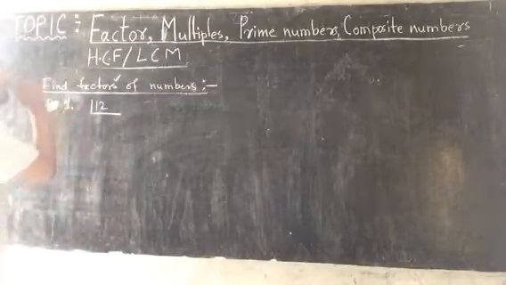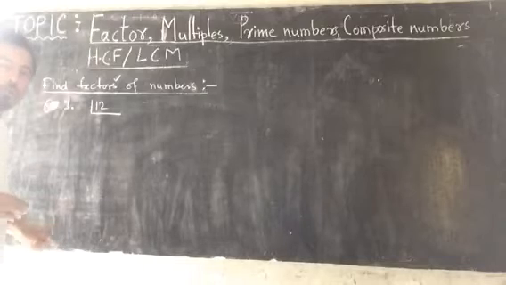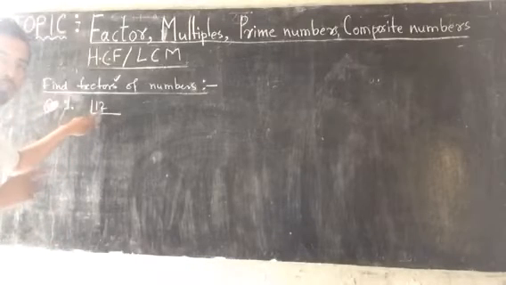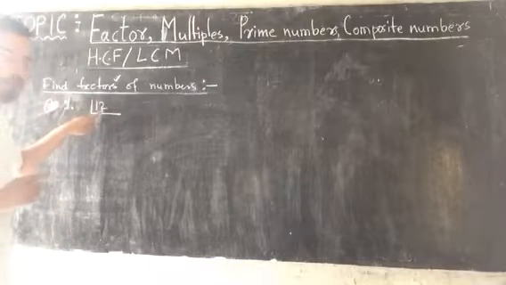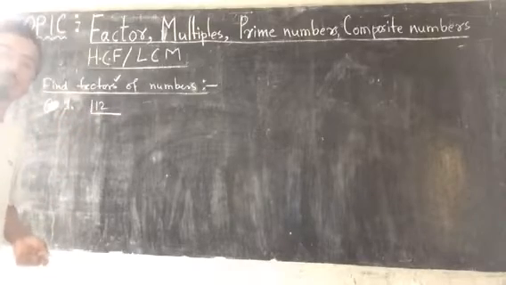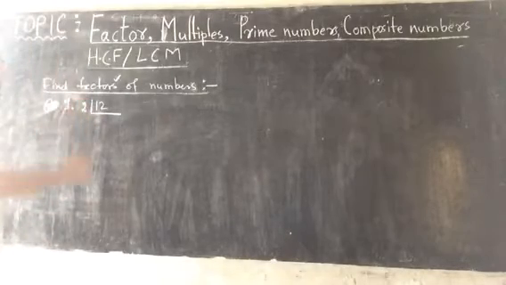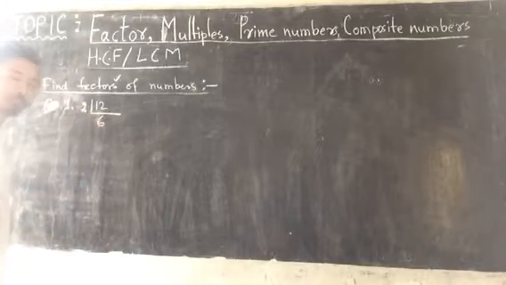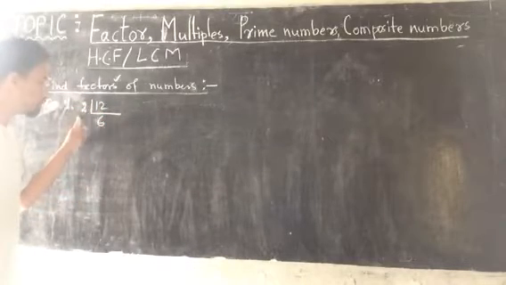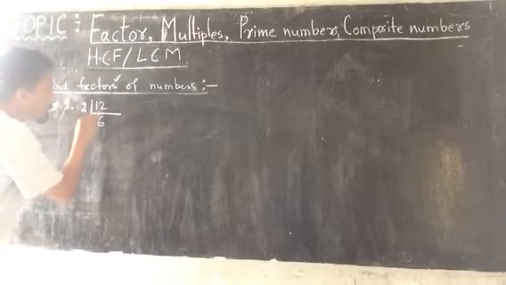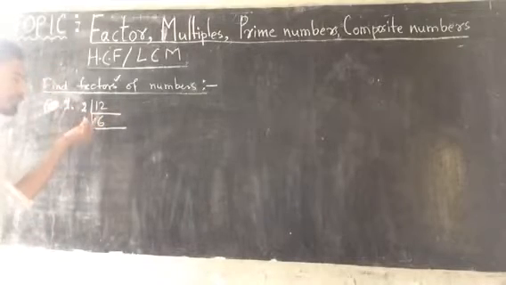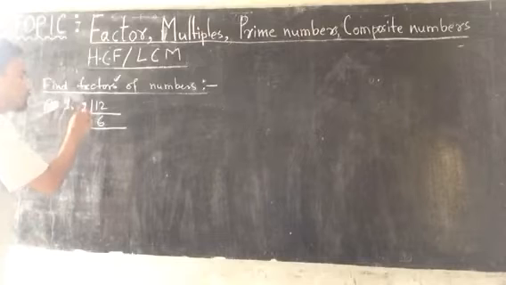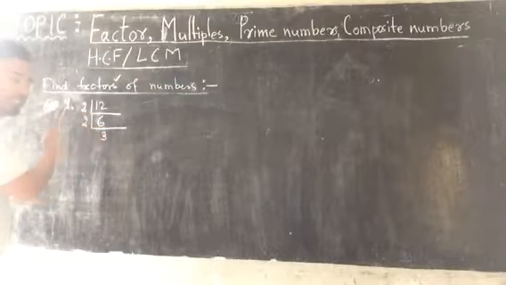So let me divide by 2. Whether it will be divisible by 2 or not, just check: the once digit is 2, an even number, so 12 will be divisible by 2. So let me divide 12 by 2. By 2 if you divide 12, how many times? 6 times. 2 6s are 12. Again 6 we have to divide by 2, 2 3s are 6.